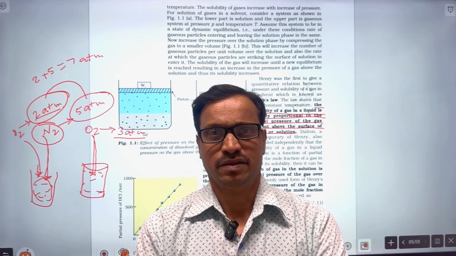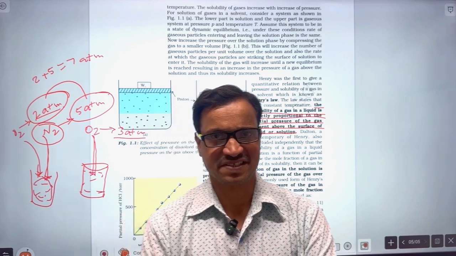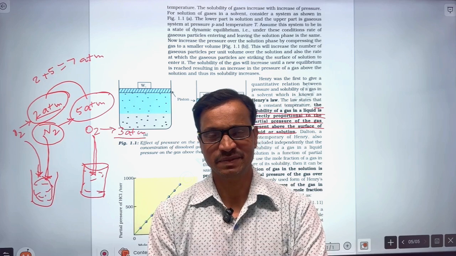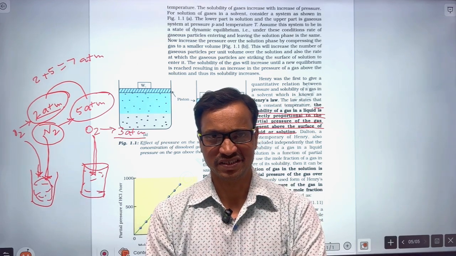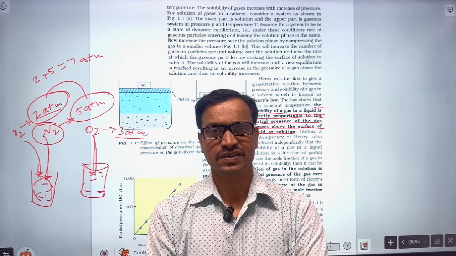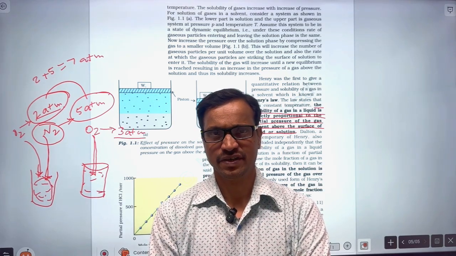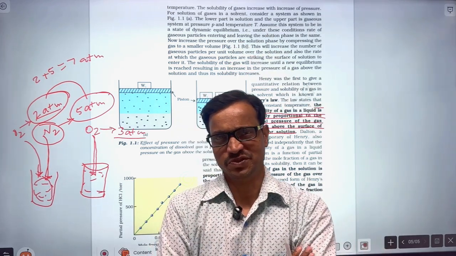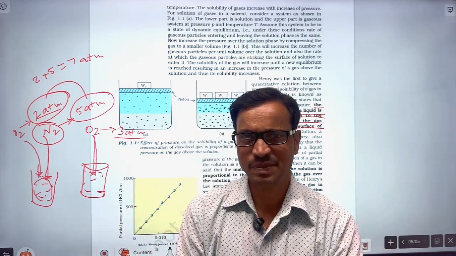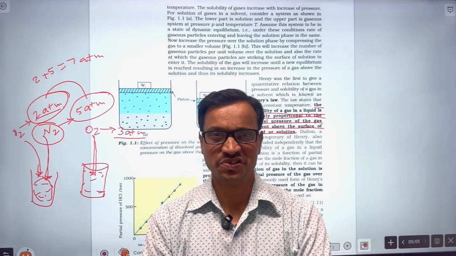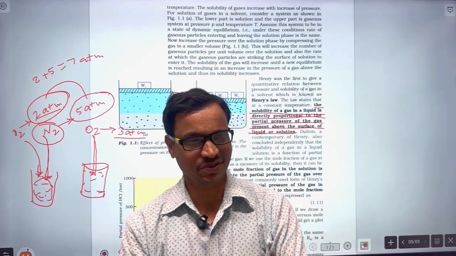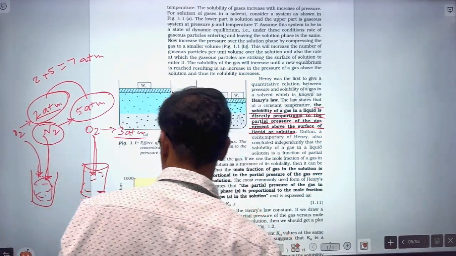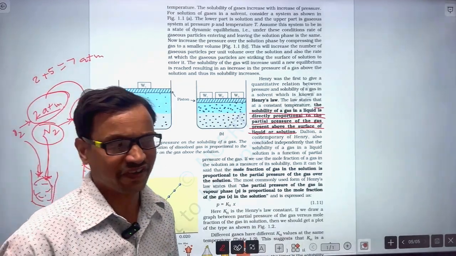If the concentration is more, that means more solute is present in a given amount of solvent, so every value will be more: molarity will be more, molality will be more, mole fraction will be more. Here the direct relationship is between the partial pressure of the gas and the mole fraction.